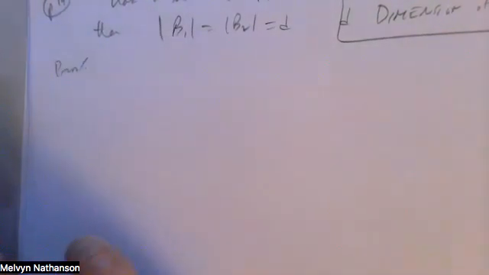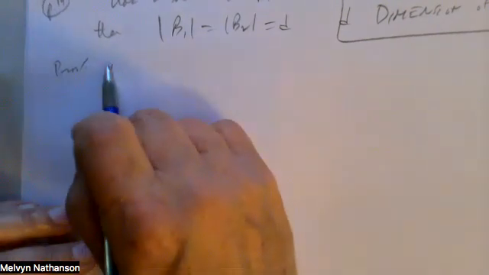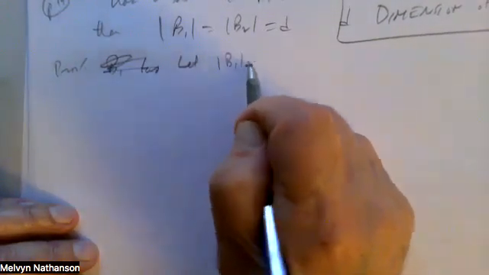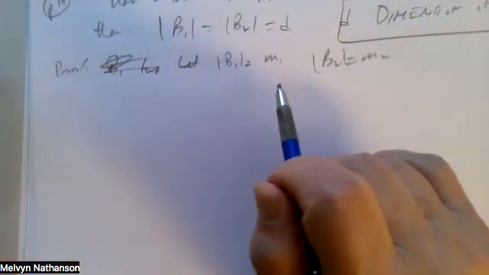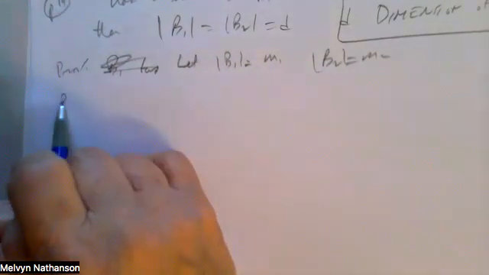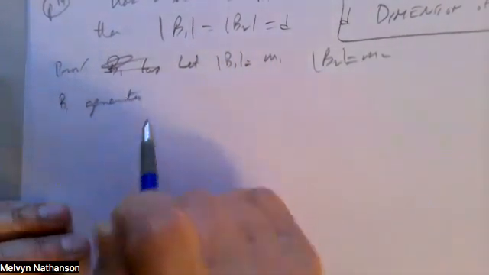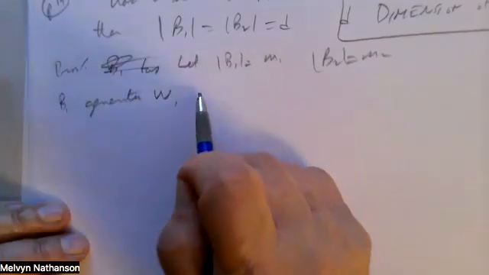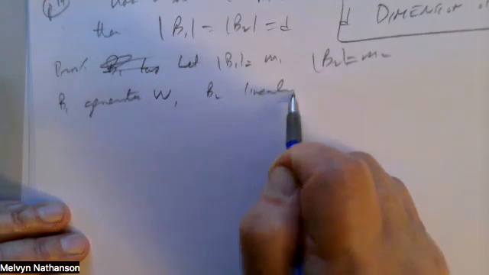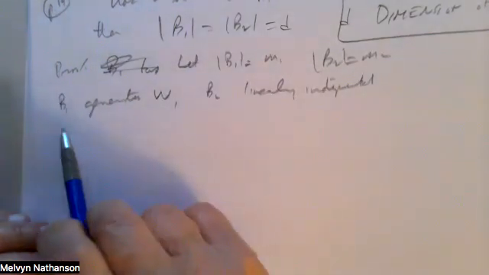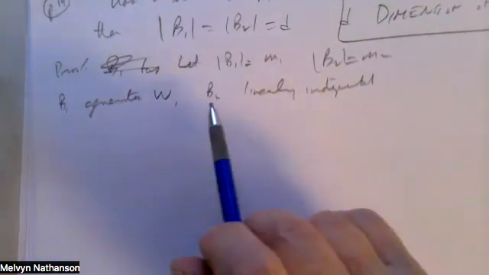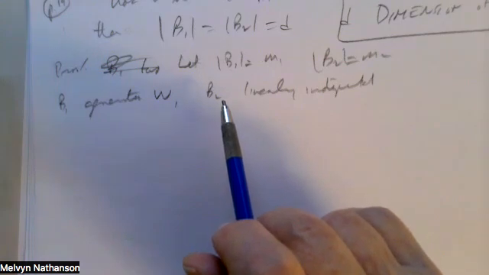Proof. Well, why is this true? Suppose we let the cardinality of B1 be m1 and the cardinality of B2 be m2. B1 generates W, B2 is linearly independent. We proved that if you have a set of m elements that generates and n vectors in the space, if n is bigger than m, those vectors are linearly dependent.